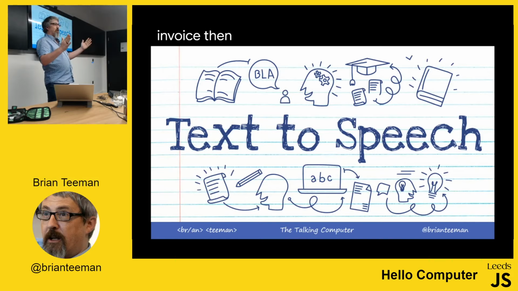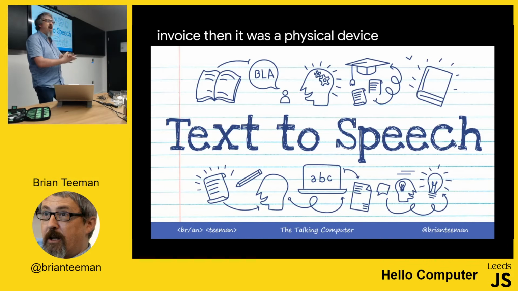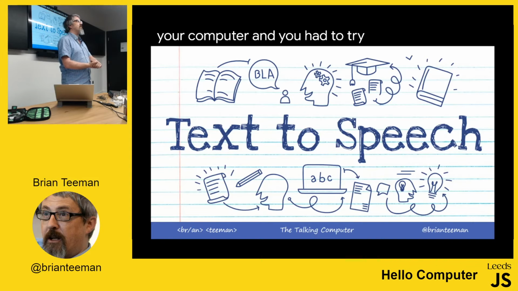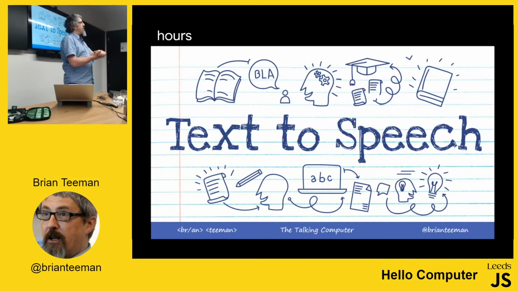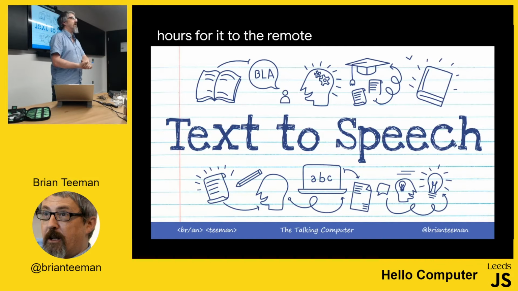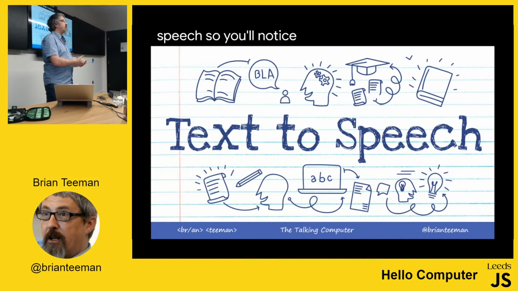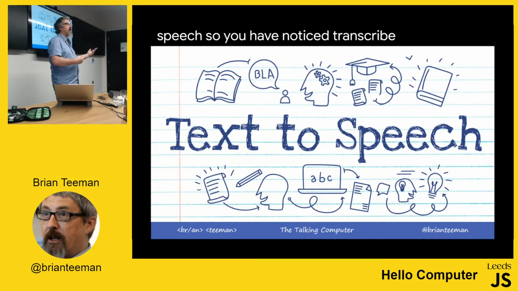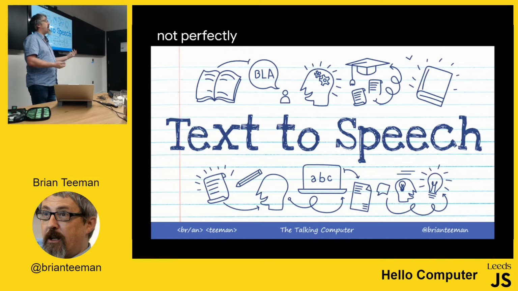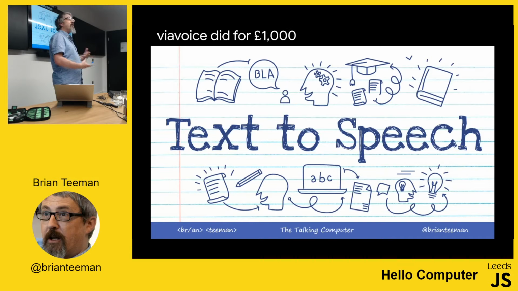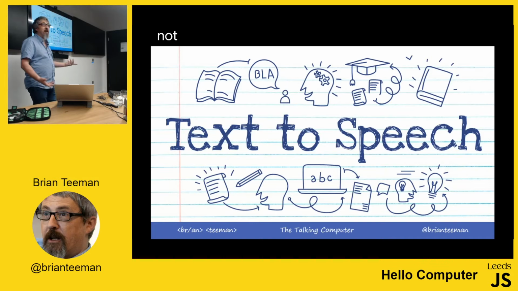It was a physical card that you plugged in to your computer, and you had to train it for about 60 hours for it to even remotely have a go at doing the speech. As you've noticed, it's transcribing as I speak, not perfectly, but considerably better than the IBM ViaVoice did for £1,000 with a lot of training. This is not trained, this is just me speaking generally.